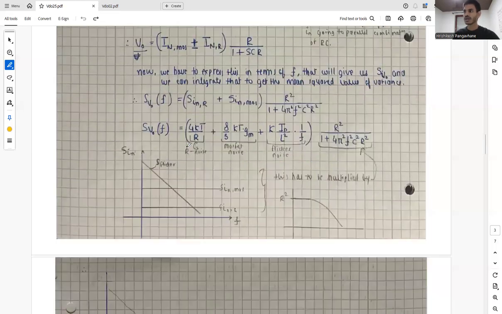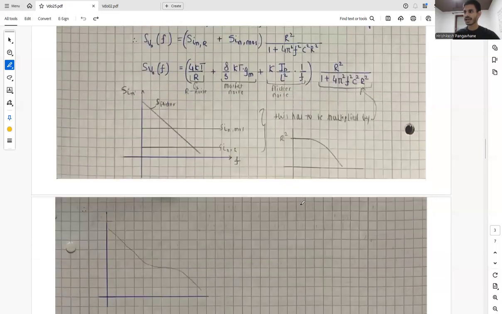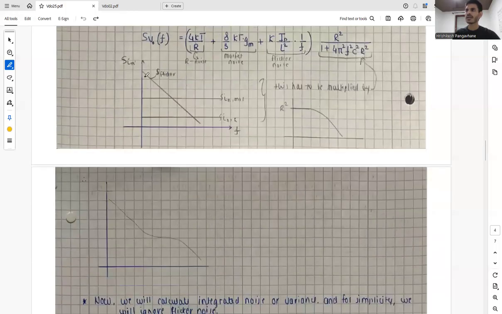For these three factors, we plot a curve like this. We also have in multiplication this factor, which at very low frequencies is R squared, and then goes to 0 at higher frequency. We multiply these two curves, and the final curve will look something like this, and then depending upon the bandwidth it will go down like this.